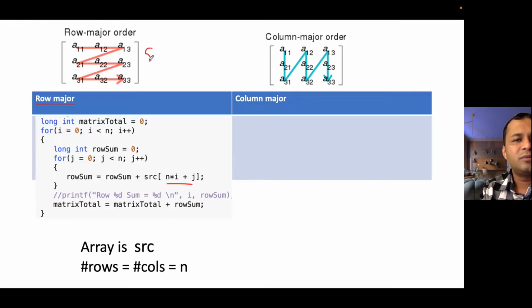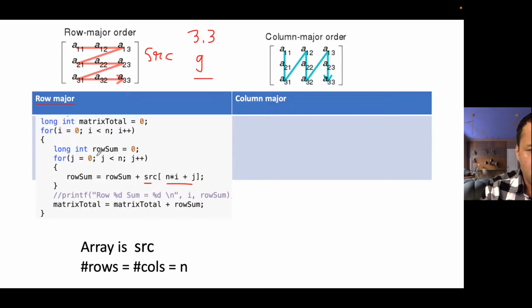So you have to assume that SRC is the matrix in a one-dimensional way. Visually it looks like 3 by 3, but it's a linear order of 9 elements, right? So it's a one-dimensional SRC array with 9 elements, and this is accessing all the elements in a row major order, and you are printing the sum.